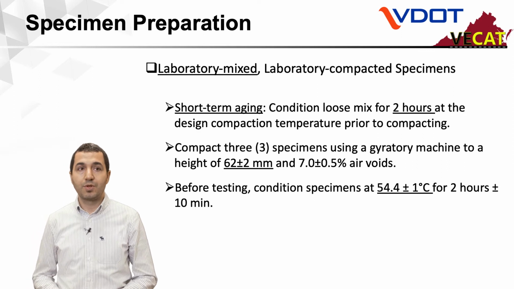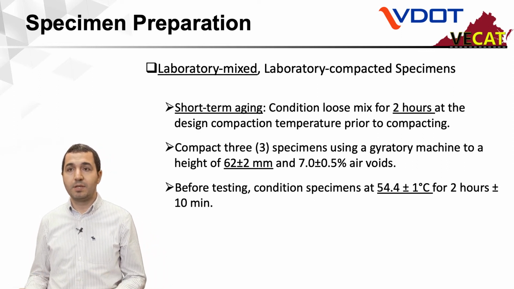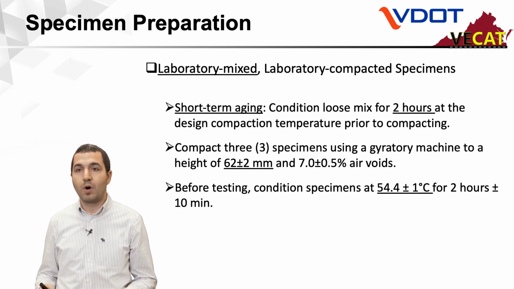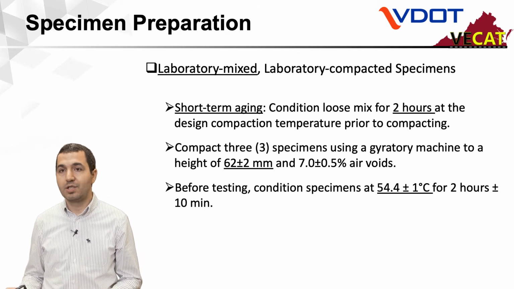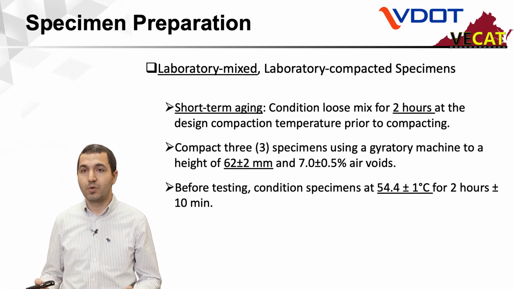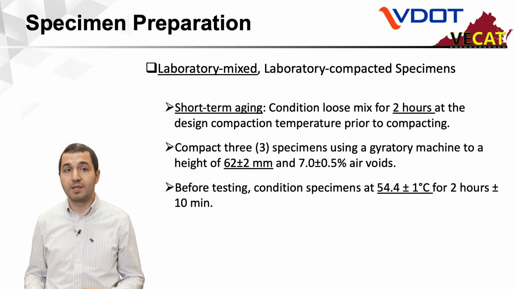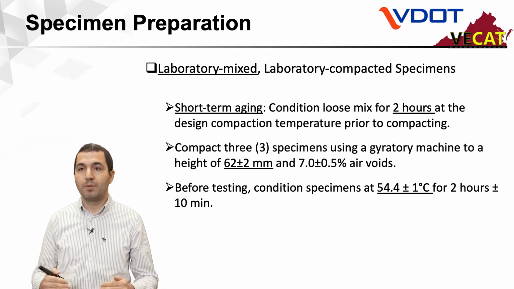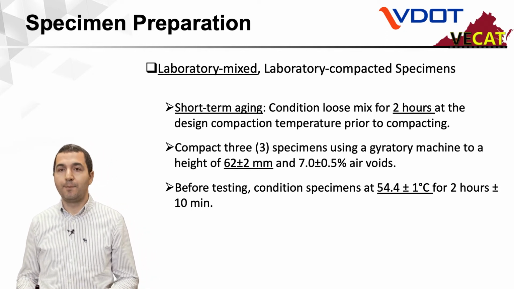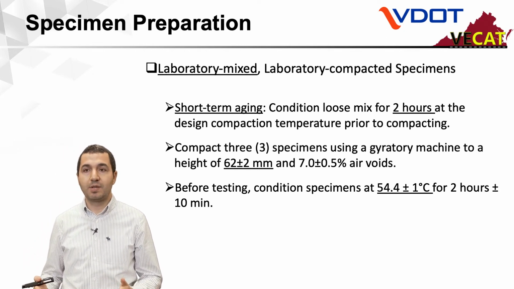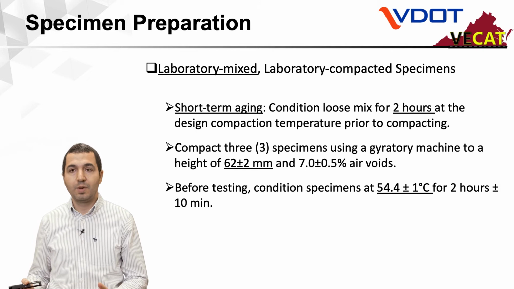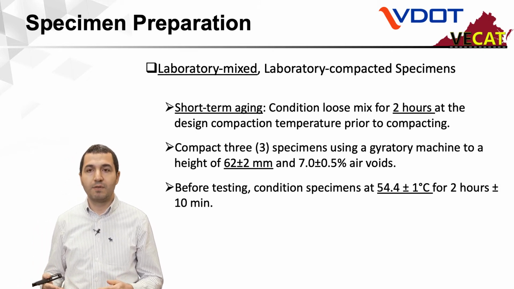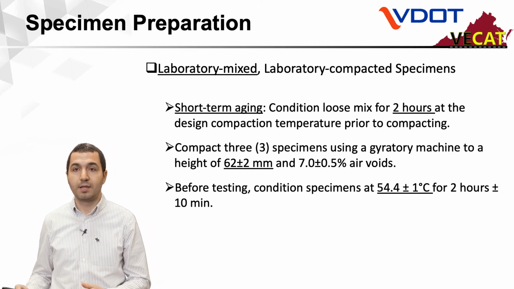Laboratory mixed and laboratory compacted specimens require short-term aging on the loose mix for 2 hours at the design compaction temperature prior to compacting. This is the same requirement for APA. And then compact 3 specimens to a height of 62 millimeter and air void of 7 plus minus 0.5%.